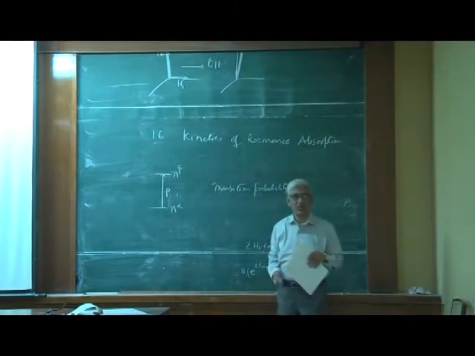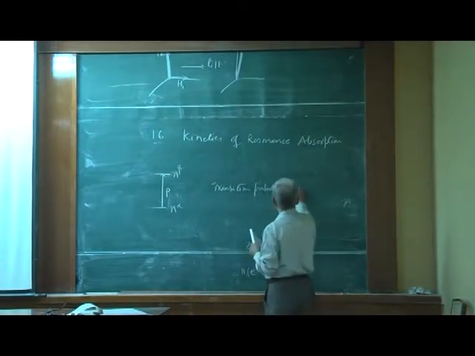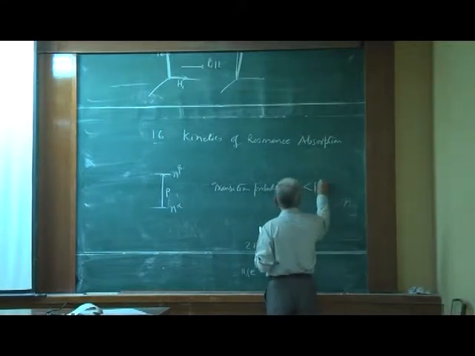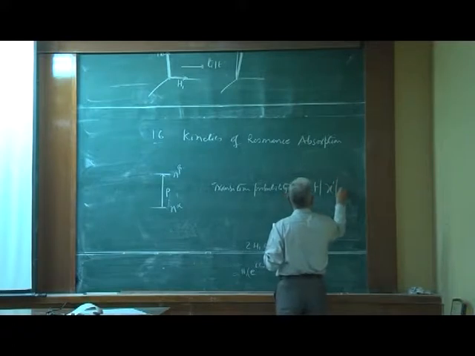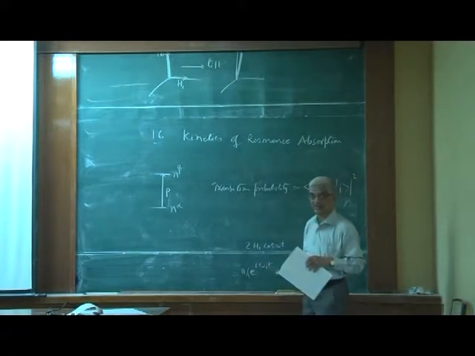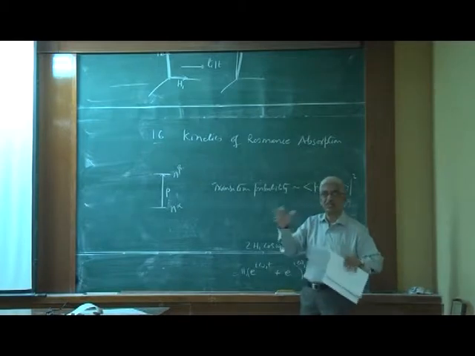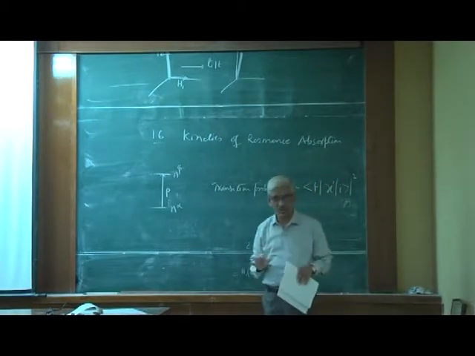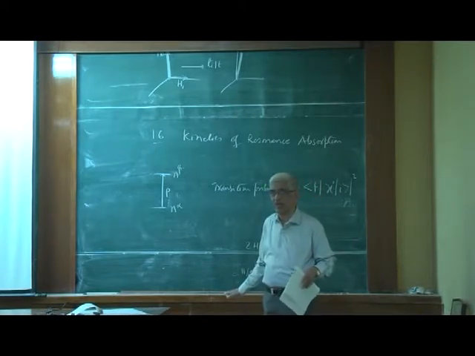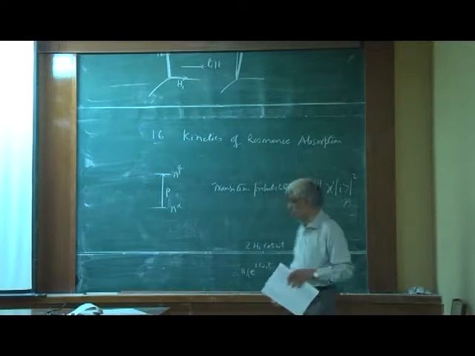Einstein's transition probability equation: proportional to the final state, the perturbation, initial state, square. This is valid for any spectroscopy, not only for NMR.